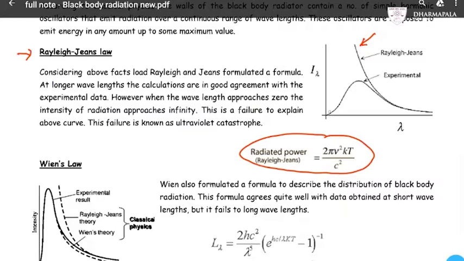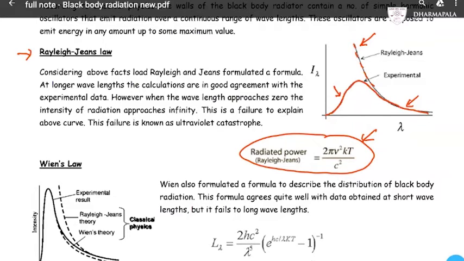This is the practical graph, what we practically obtained, the intensity distribution curve. And this one is the curve obtained using this equation. You can see that for longer wavelengths, the equation agreed with the practical data, but for shorter wavelengths, it didn't match. So there was a failure.